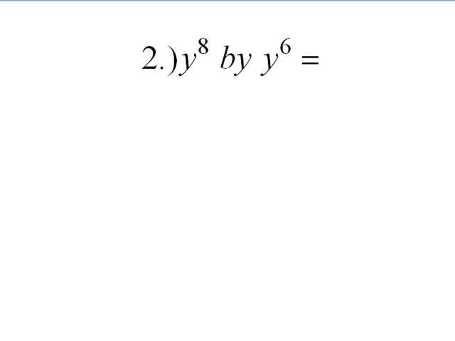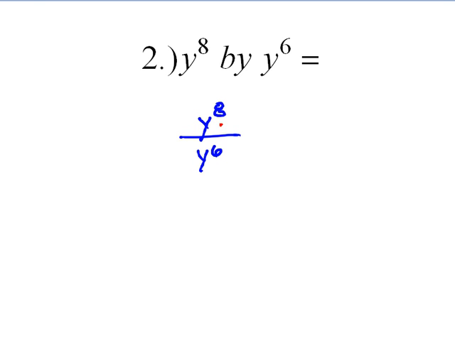Here's our first problem. We're going to take y to the 8th and divide it by y to the 6th. Now, that actually looks like this, a division problem. The rules say when you're dividing exponents, you subtract them.